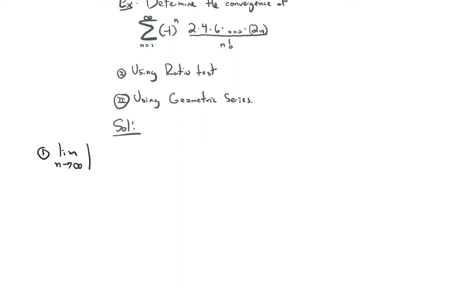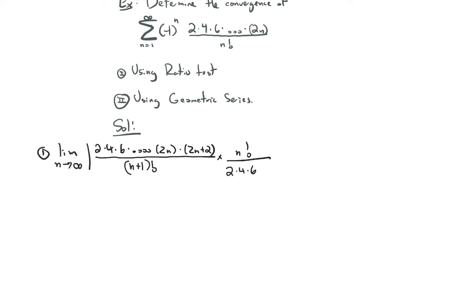So I'm going to get 2 times 4 times 6 times all the way to 2n times 2n plus 2, since we're just writing down the first n plus 1 even numbers, and that's divided by n plus 1 factorial. And we're going to multiply by the reciprocal of our term, n factorial over 2 times 4 times 6 times all the way to 2n.